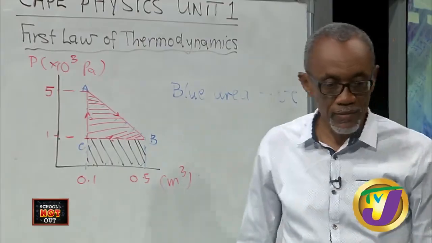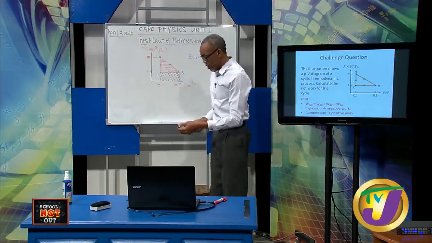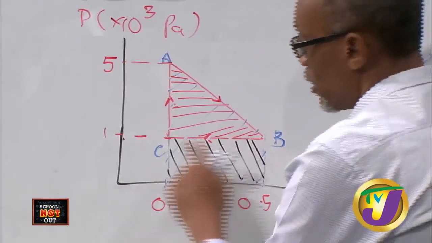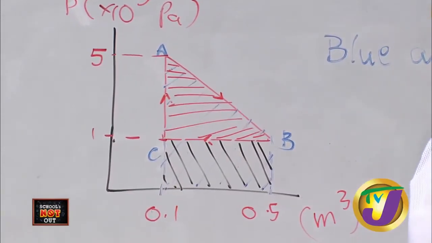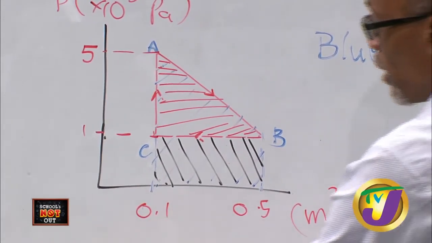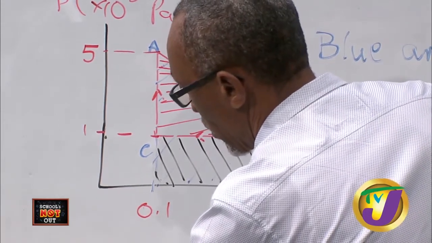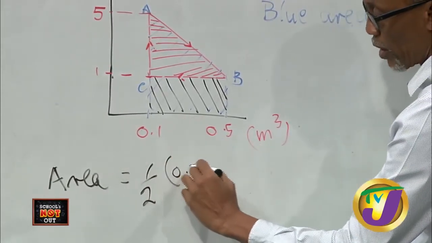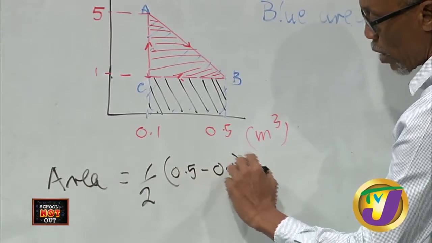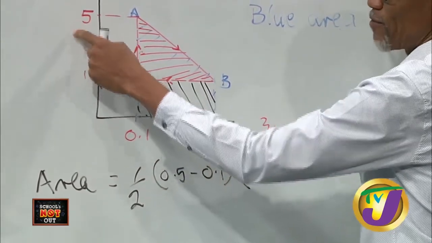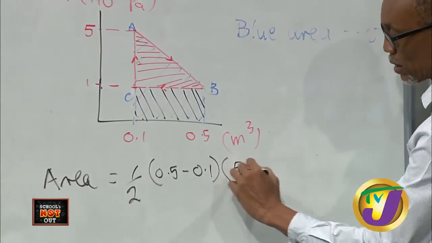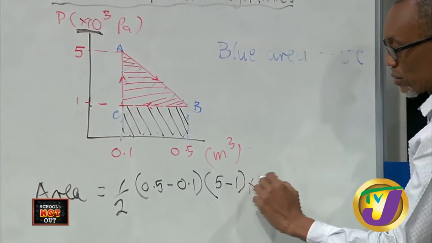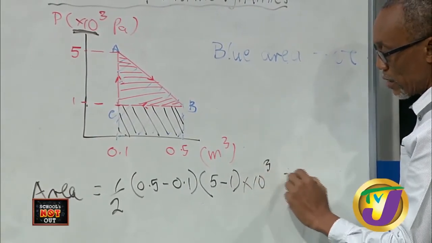All right. And so we can go ahead, hopefully without much difficulty. We know the area of a triangle is half times the base times the perpendicular height. Okay. And so the area equals half times the base, and this here would be 0.5 minus 0.1 units, times the height would be 5 units minus 1 unit, but then this unit here is multiplied by 10 cube, and this would be in joules.